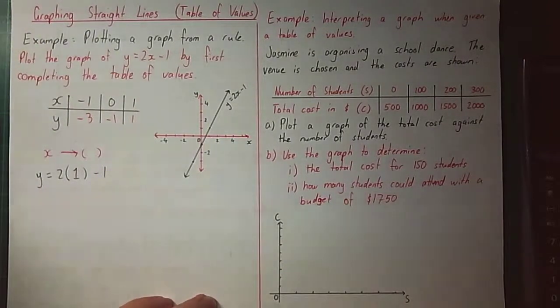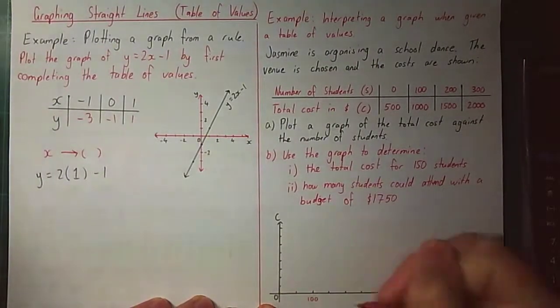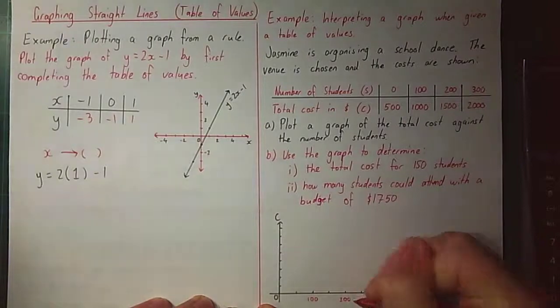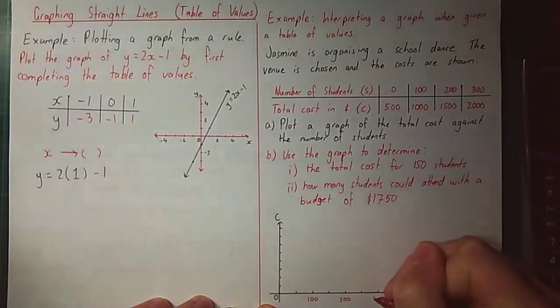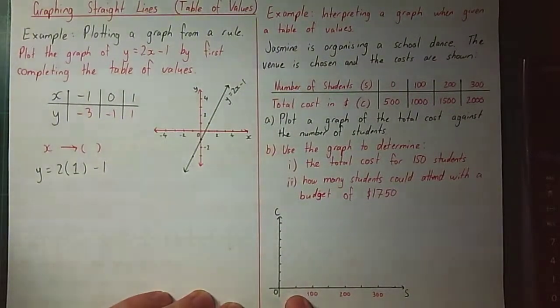Okay, so for the number of students, we start off at 0, of course, and I'm going to go up by 50s. I'm only going to write every 100. Okay, that's just to make it a bit neater. We understand that that's 50, that's 100, that's 150, that's 200, and so on, but we just want to give you an idea of how it goes.